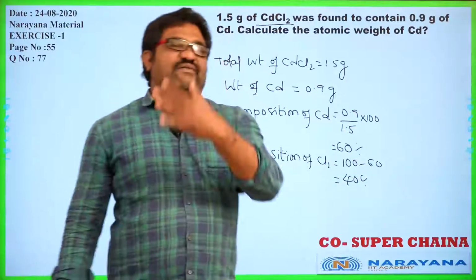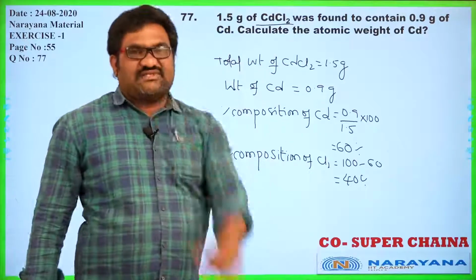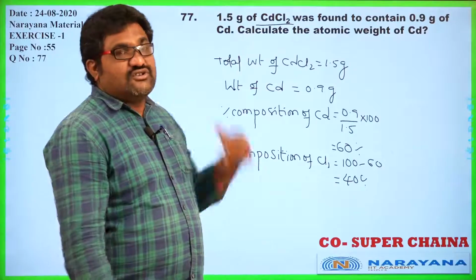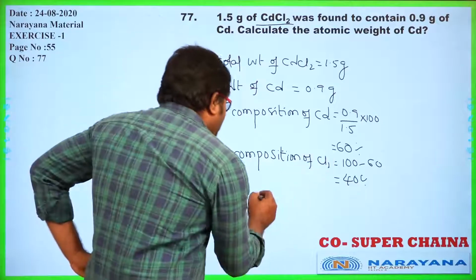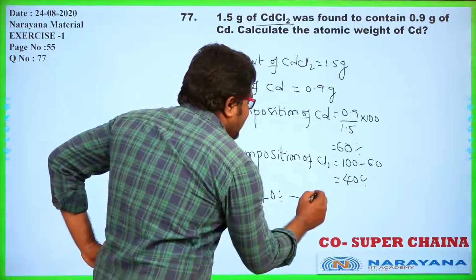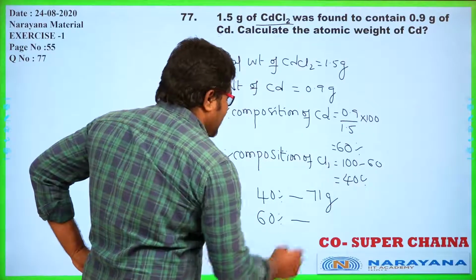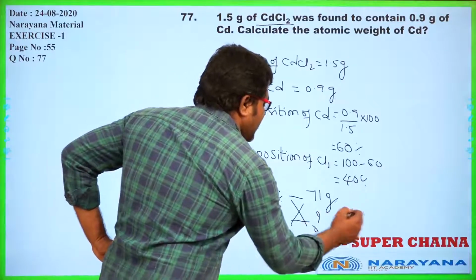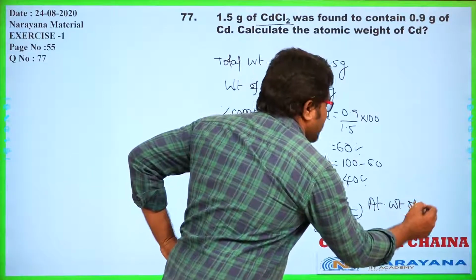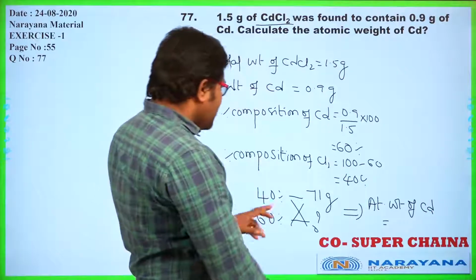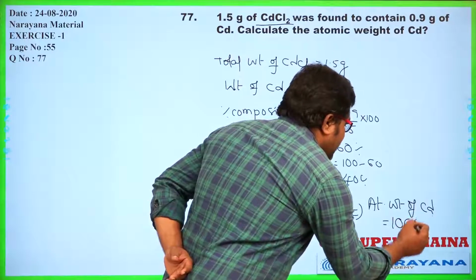As we know, the atomic weight of chlorine is 35.5, and 2 chlorine atoms are there. So the total weight of 2 chlorine atoms in one molecule is 71. So, if 40% weight occupies 71 grams, then how much is the weight for 60%? By calculating this, we get the atomic weight of cadmium is equal to 60 into 71 by 40, that is equal to 106.5 grams.